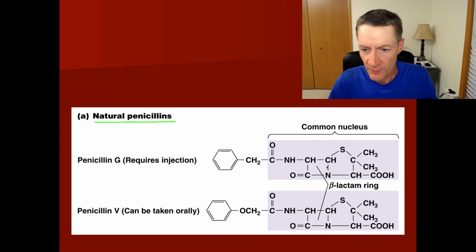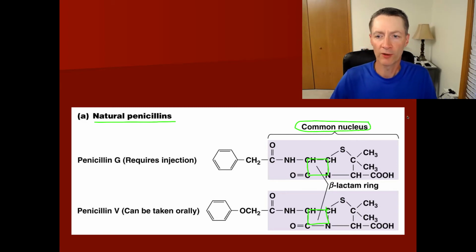And you can see, here's that square that I mentioned to you guys, right? We're going to find that square every time. But with the penicillin family, the beta-lactam family, we're going to have more than just that square, right? We're going to have a common nucleus, they call it. It's not an atom's nucleus.